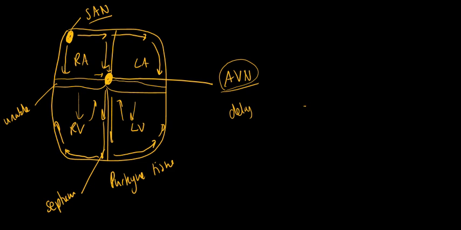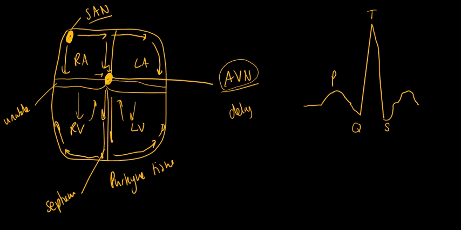If this is our trace here, we end up with a small rise in excitation energy followed by a slight fall, which we call our P wave, then a sharp increase followed by a fall, which is called our QRS complex, and then finally a slight rise, which is called our T wave.